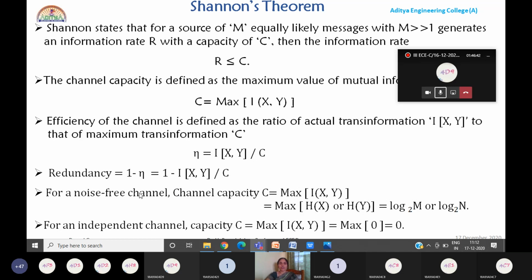Because for a noise free channel h of y by x or h of x by y is 0, I of xy can be calculated as either h of x minus h of x by y or h of y minus h of y by x. So you can write I of xy directly as h of x or h of y. Already I calculated the mutual information, and directly I substituted here. So this is from the fourth property of mutual information.